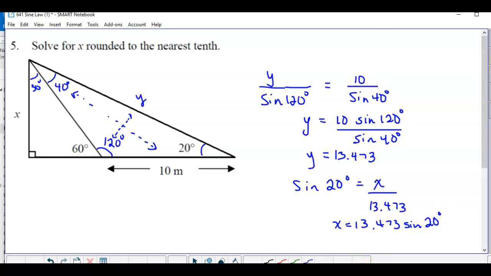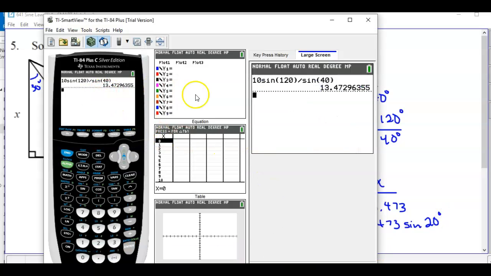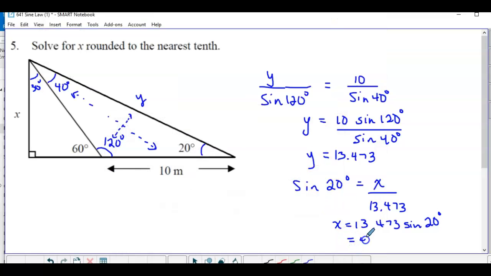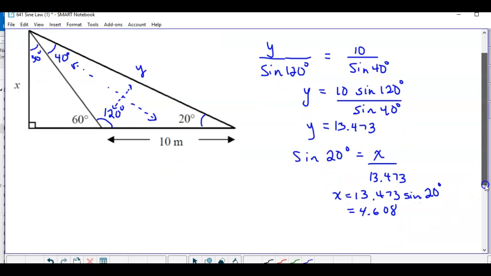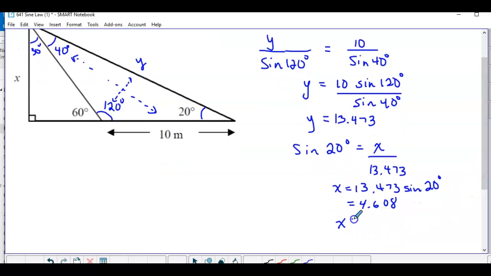What's great is you have that 13.473, all those decimal places, so just press times sine of 20, and you get 4.608, which rounds to 4.6. And this is in meters. And that's it. That's all you had to do.